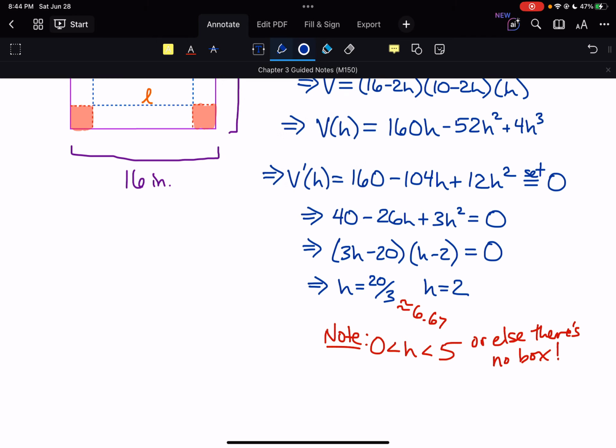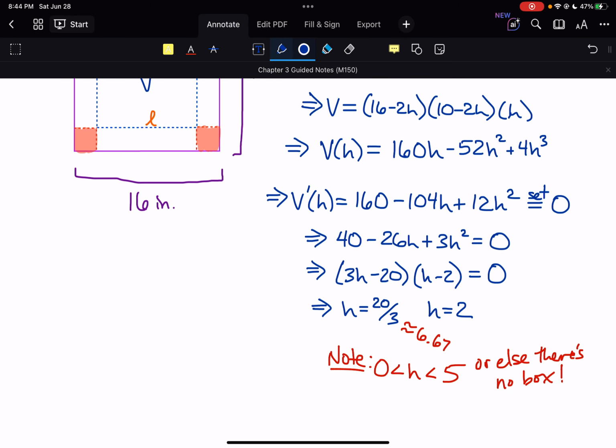Okay, so even though algebraically this value is valid, in context, it's not going to work. So we can go ahead and just eliminate that as a possibility. So we're just going to work with h equals 2 here.